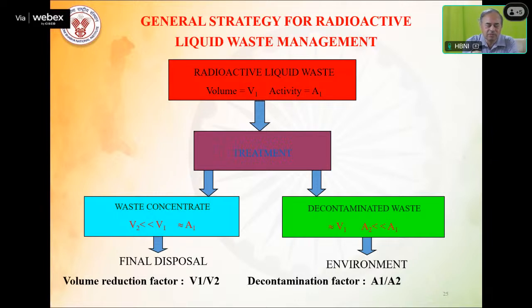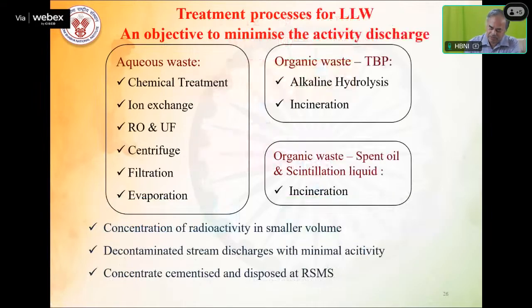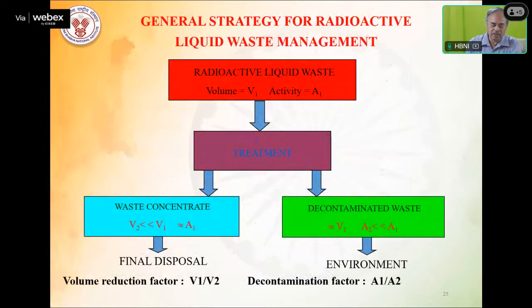So activity remains, but it is compacted, its volume is reduced very, very much. So the volume reduction factor is very high. That is the volume in the beginning to the volume at the end. So the volume at the end of the process is small. In the beginning it is high, but activity level is more or less the same.